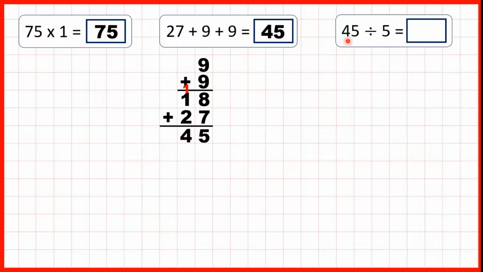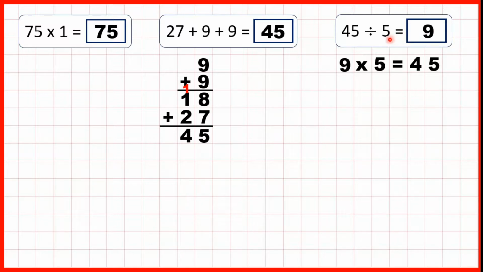Now, 45 divided by 5. Remember, division is the inverse of multiplication, so this question is really asking us, what times 5 is 45? You might know that 9 times 5 is 45, which means that 45 divided by 5 is 9, so our answer is 9.